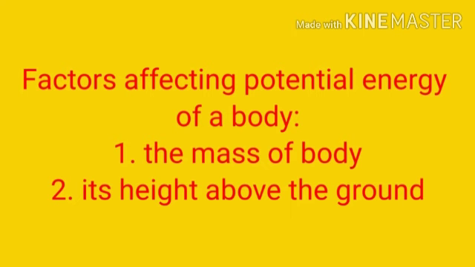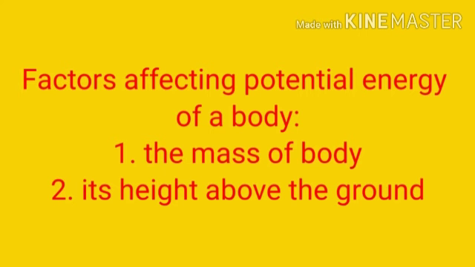For example, the potential energy of a bucket of water of mass 20 kg at the first floor of a house is more than the potential energy of a bucket of water of mass 10 kg at the same floor. Understood? Now, the second factor is its height above the ground.